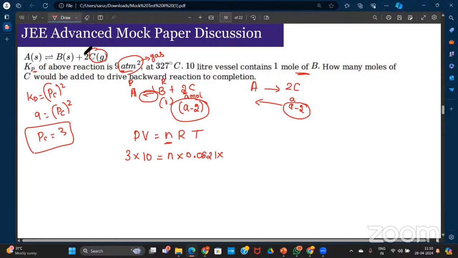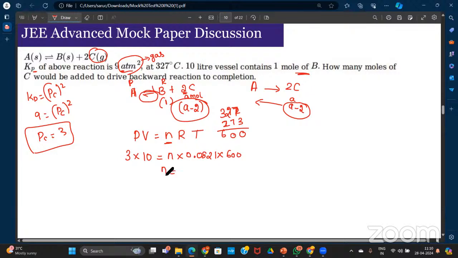Convert it into Kelvin, so you'll be getting 600. If you solve this, you'll be getting the n value.